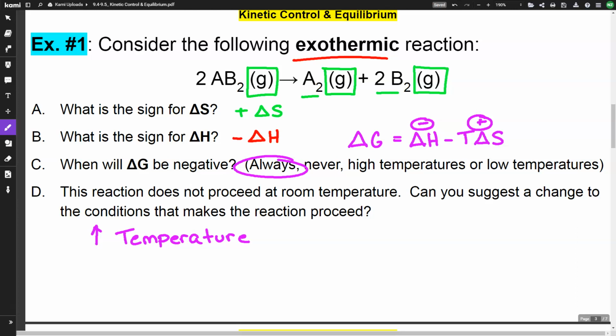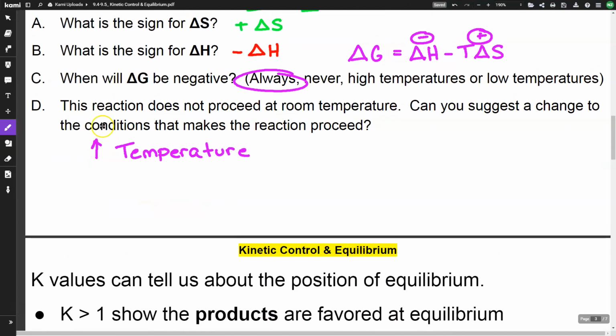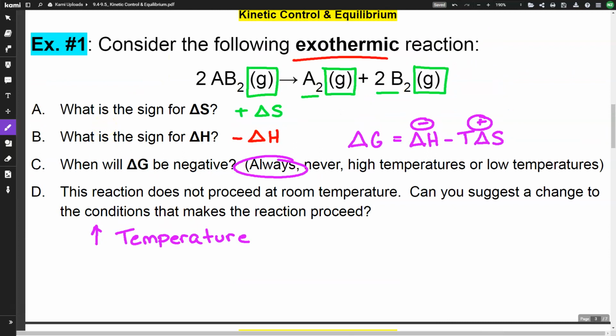Let's go back and look at the diagram. We don't have enough energy to get to the top of the hill. So what if we lower our activation energy using a catalyst? We keep it at the same temperature, but we throw a catalyst in to lower the activation energy. So add a catalyst.